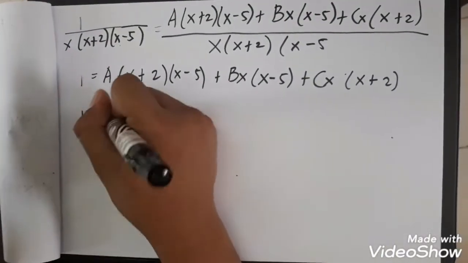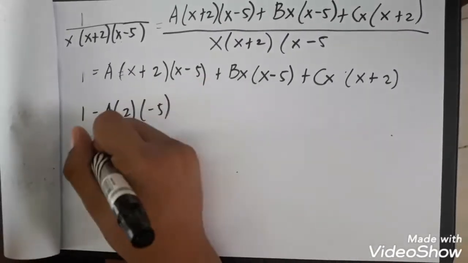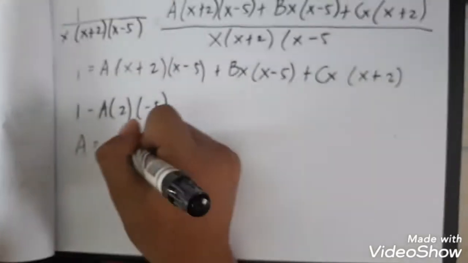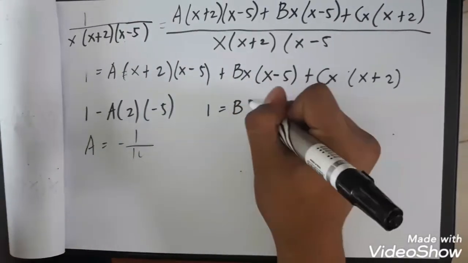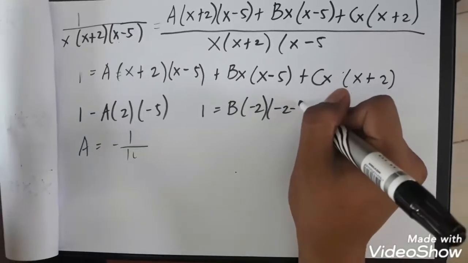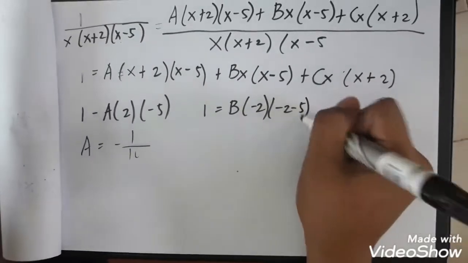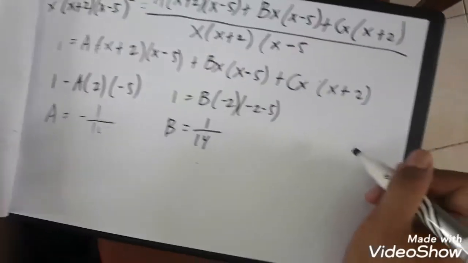So 1 is equal to A times 2 times negative 5, so A is equal to negative 1 over 10. Then 1 is equal to B times negative 2 times negative 7, so B is equal to 1 over 14.